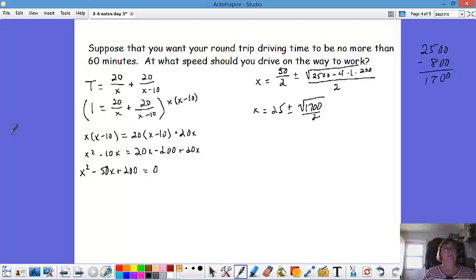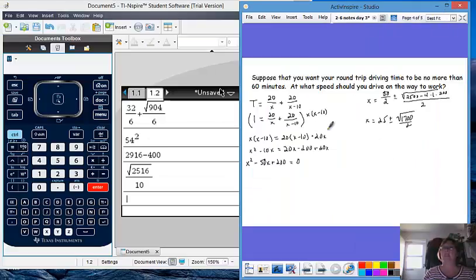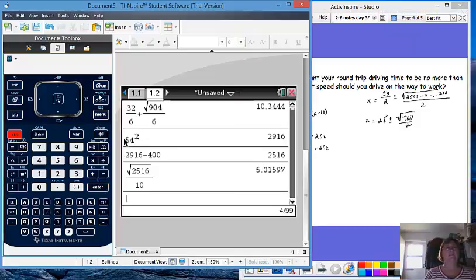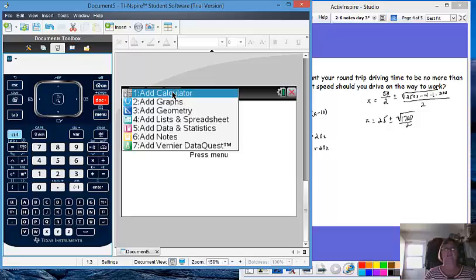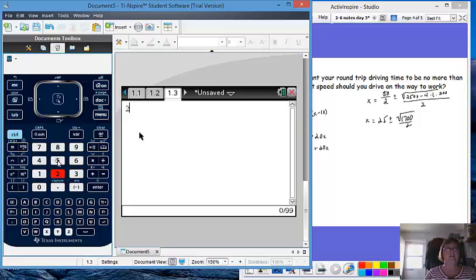Let's use our calculator and find out how that simplifies. Let me get it back so I can see it here. Alright, so I want to get to a new page, and it's going to be a calculator page. And I love my TI calculator for this reason. I can type this thing in, 25 plus the square root of 1700, divided by 2.